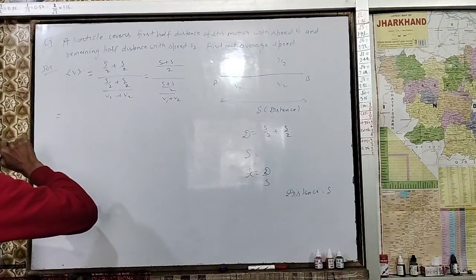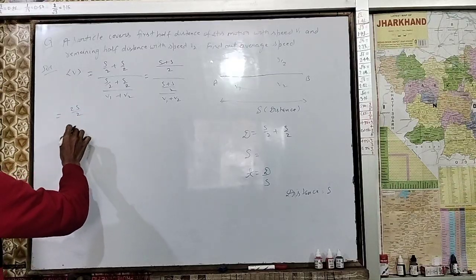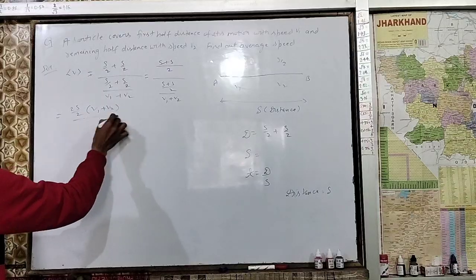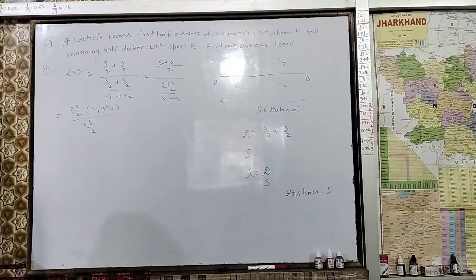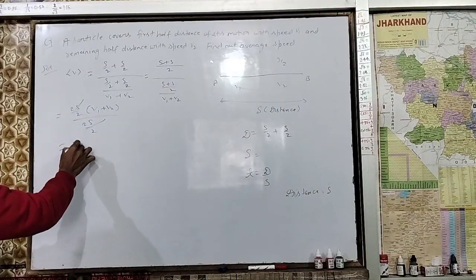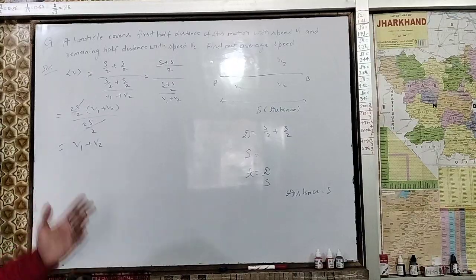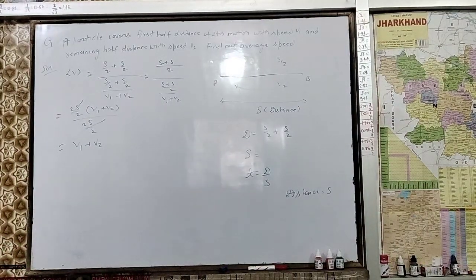It can be simplified further: 2s upon 2 times (v1 plus v2). The 2s upon 2 will cancel, finally we got v1 plus v2.